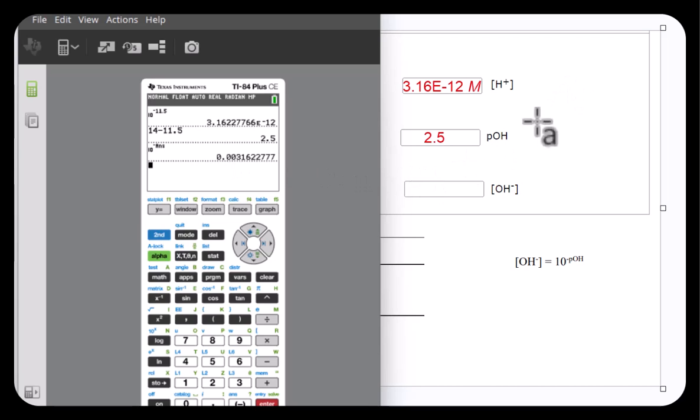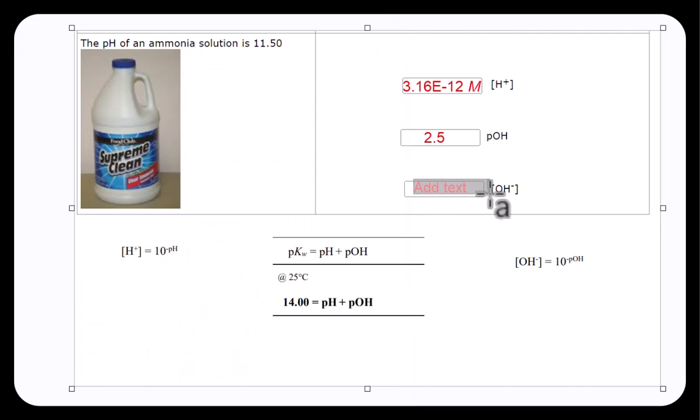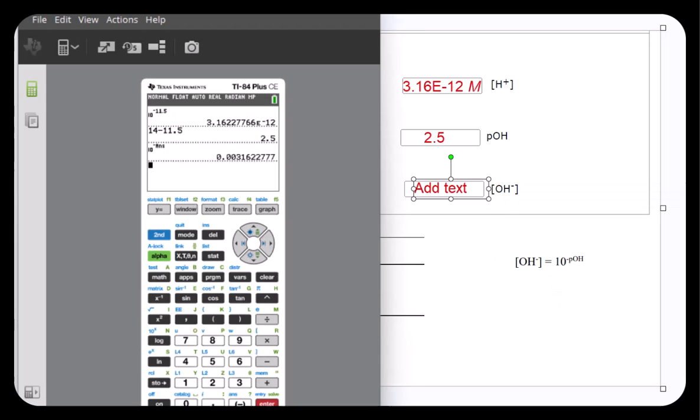And I'll put this value in, and this is going to be a molar concentration. Calculator out again, 0.00316. And that is going to be in terms of molar, 0.00316.